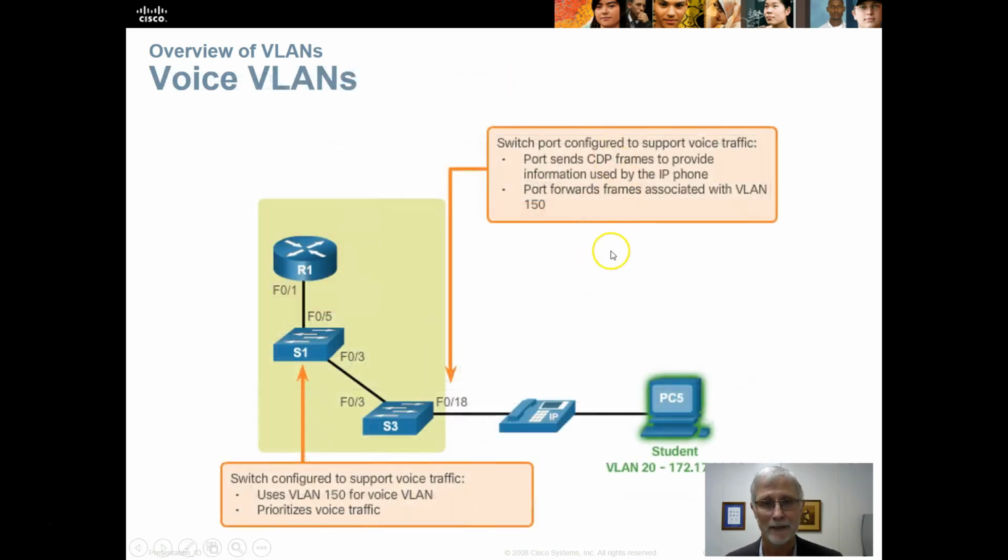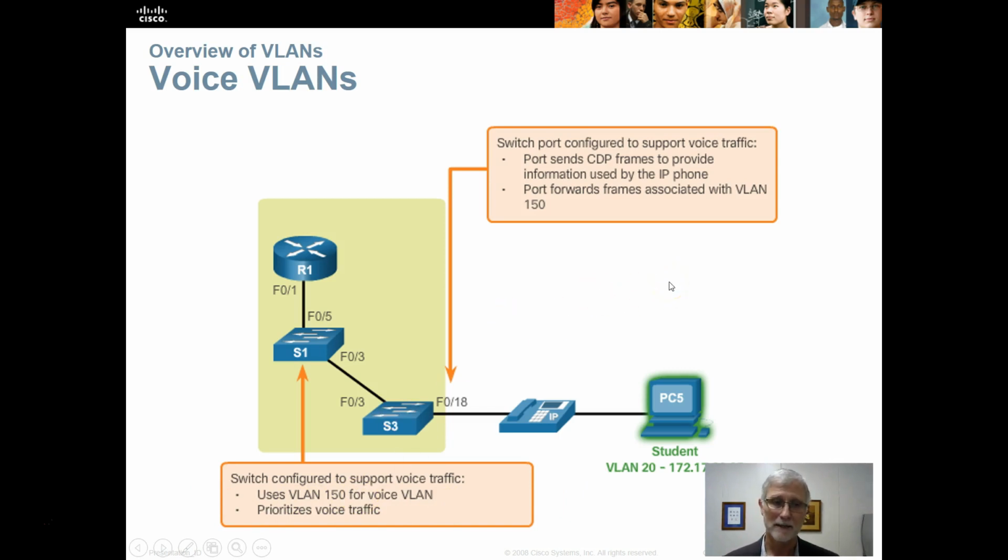Same thing with voice over IP. You can have a switch configured to support voice traffic that uses VLAN 150. So it basically says, I have to have a switch port configured for voice traffic that allows me to use that VLAN.